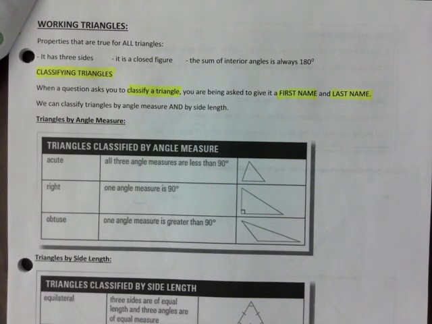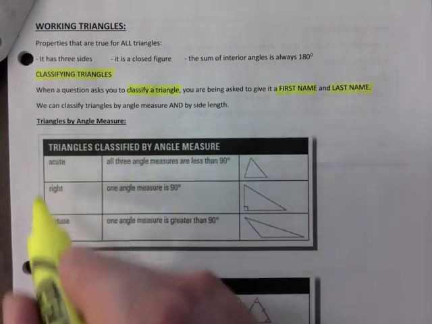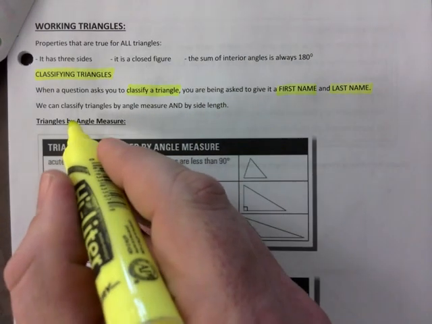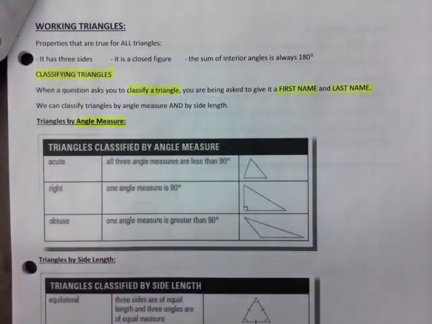That's basically what the question is asking. Classify means give it a first and a last name. The first name will be this part right here. So classifying the triangle by angle measure will be the first name.